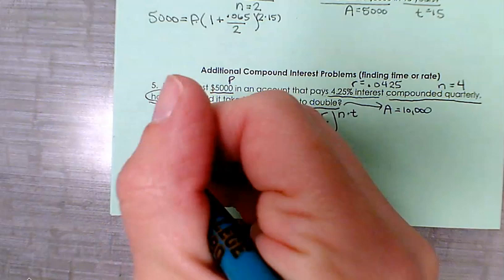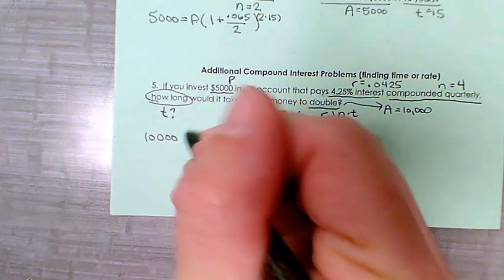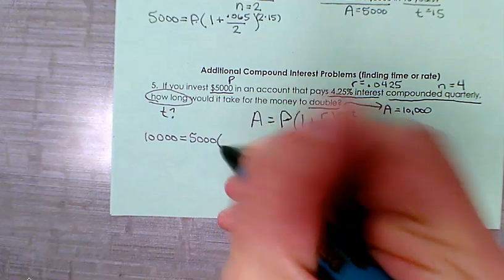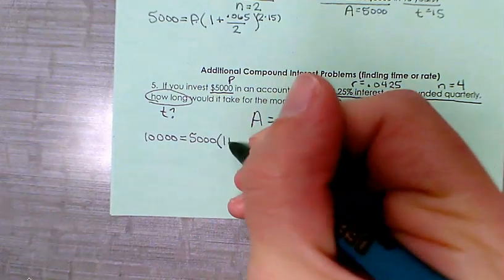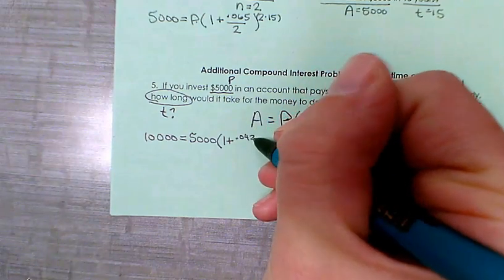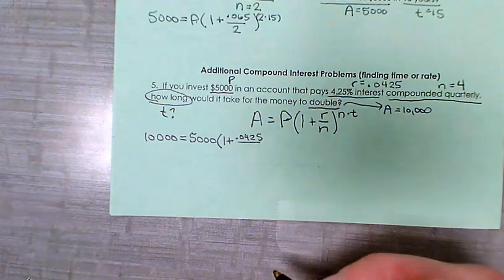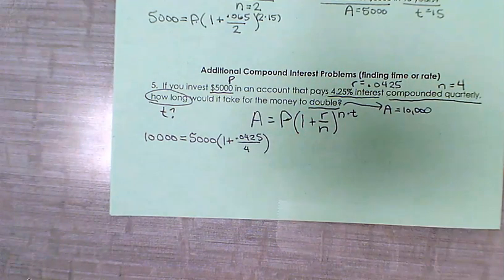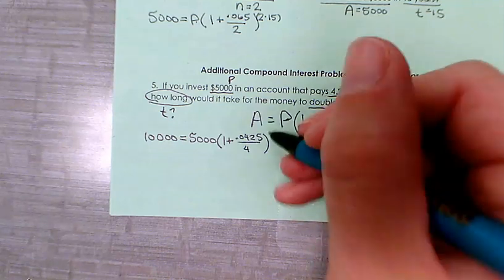So A, 10,000, P, 5,000, 1 plus R. R is 0.0425 over N. N was 4. And then what's the exponent? 4 times what? 4 times T, yeah.